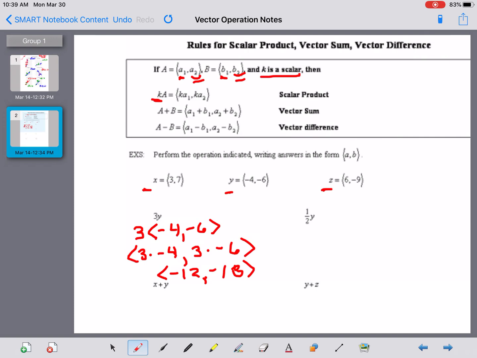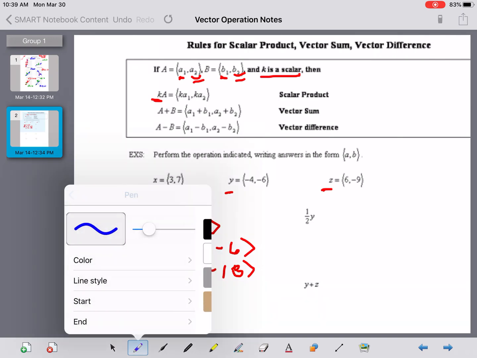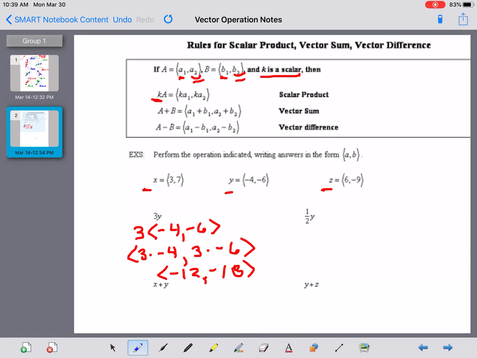And that's like the first one we drew when we drew it 3 times on top of each other, kind of. But this time we just do the math and we skip the picture. All right, let's go to my second one here. So I have half of my y. So this is kind of like the second one we did do. So if I go half, I'm still using that same vector of -4, -6. No matter what the scalar is, a fraction, a whole number, whatever, it still multiplies times each component.